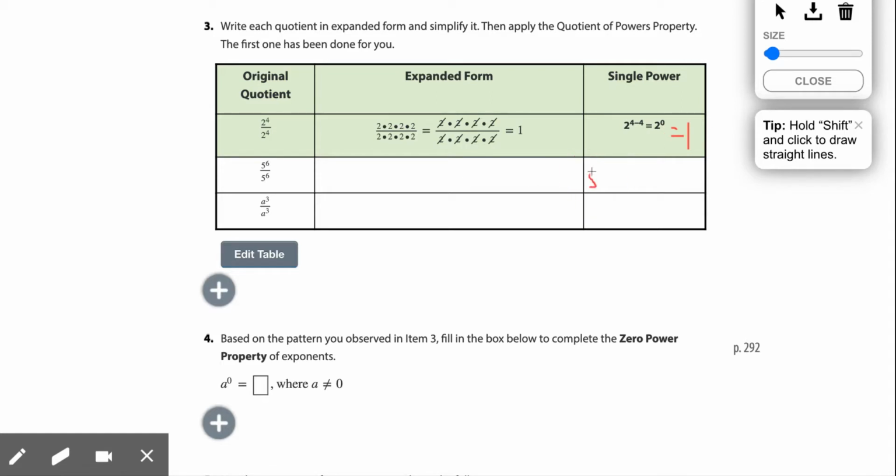That's 5 to the 6 minus 6, which is 0. 5 to the 0, which is 1. You'd have 6 5's on top and 6 5's on the denominator. And that would cancel out, because when you divide the same number, let's say 3 divided by 3, you still get 1. So a to the third divided by a to the third is a to the 0, which is 1.